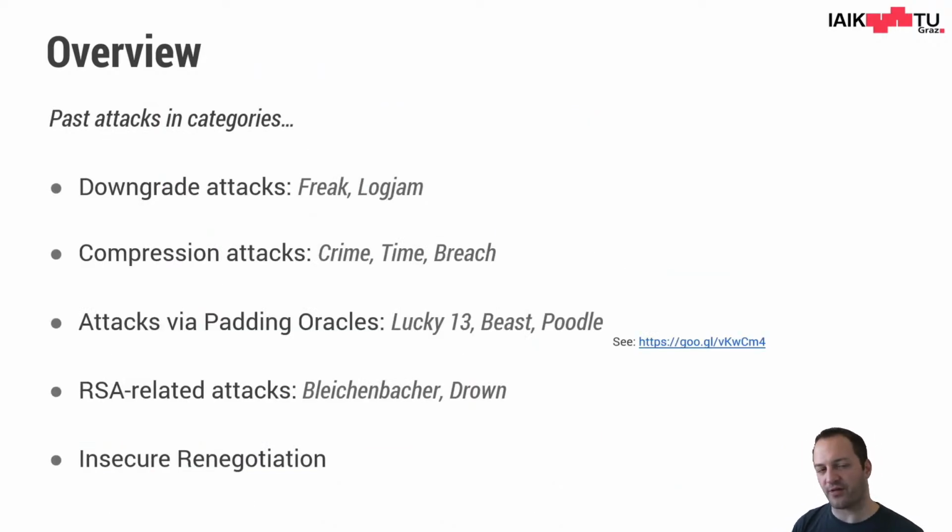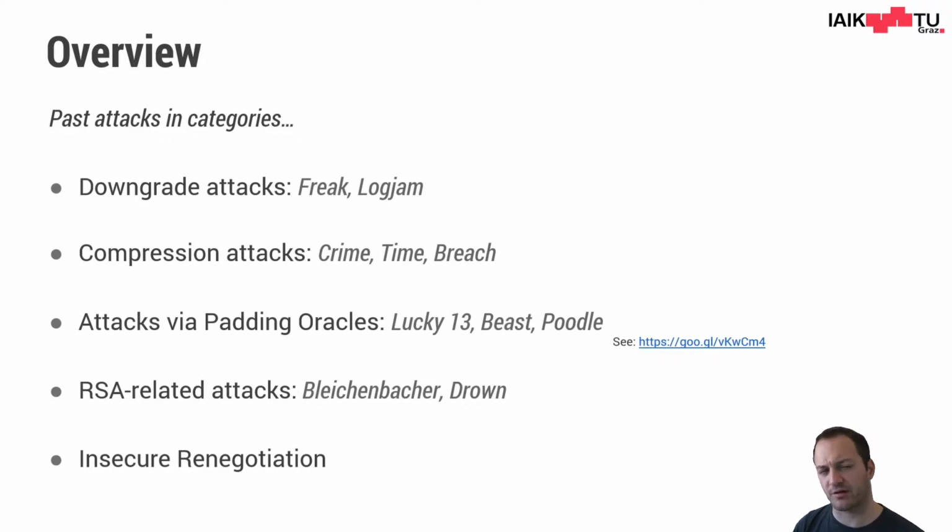So how did these attacks basically work? I've tried to categorize them to find a way to see what attack vectors they are based upon. On the one hand, we have downgrade attacks, which try to, for example, bring a TLS 1.2 connection back to an SSL version 3 connection. Then there are compression attacks, which try to figure out what you're actually transferring.